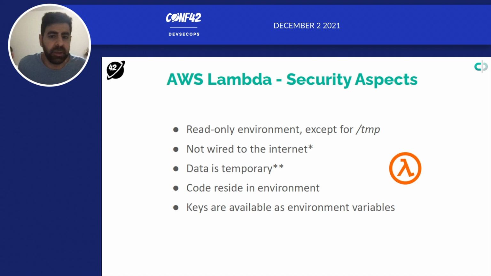Another interesting security aspect is that the code itself resides in the environment. So in order for your Lambda to run, the container comes up, your code is inside, and it runs your code. So the code is there. If I have access to the runtime, I have access to your code. The keys are also inside. That means the keys that are basically the permission keys for the Lambda inside the cloud.